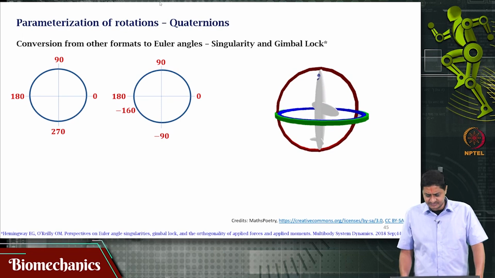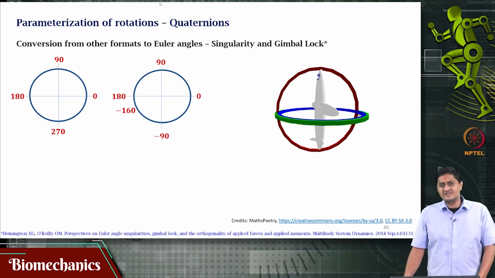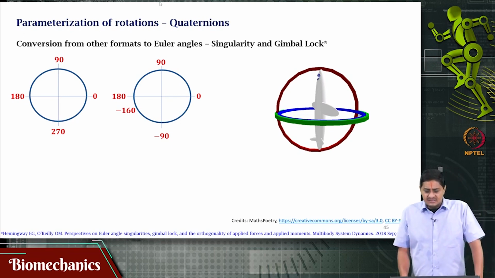advantages and disadvantages are. One specific disadvantage with Euler angles is the problem of singularity. What is this problem? We described this in one of the previous videos. We called this problem gimbal lock. Technical differences exist between gimbal lock and singularity. Earlier we called it gimbal lock.